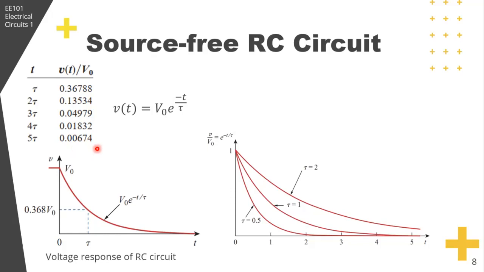Another thing to observe ani... ay wait lang. Katong ganina, regarding sa imong tau, kung mas dako imong tau, that is mas dako imong capacitance, katong akong isulti ganina, mas dugay ka maka-charge.